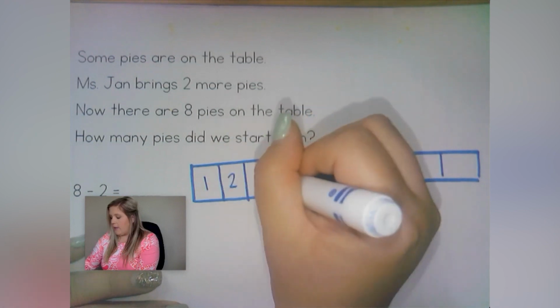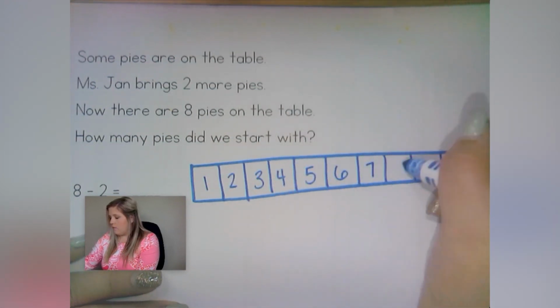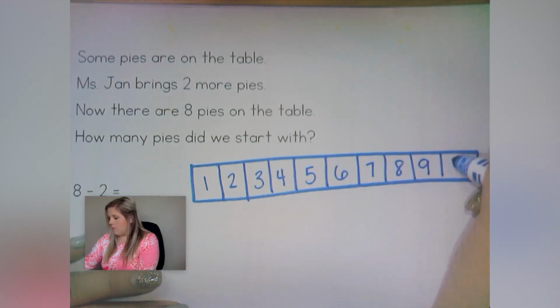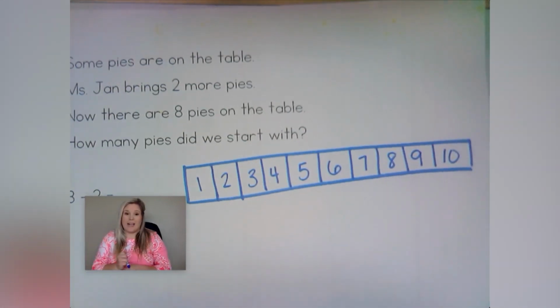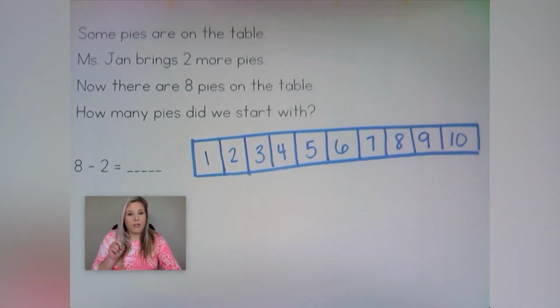Add my numbers. And this time, I want you to grab your number paths. We're not going to draw on them or write on them. We're just going to use our fingers to keep up with where we are.